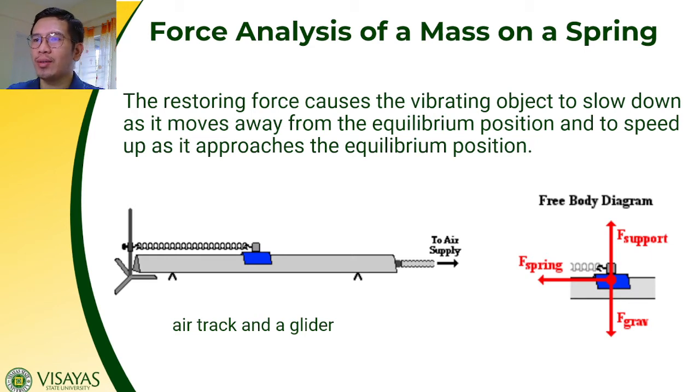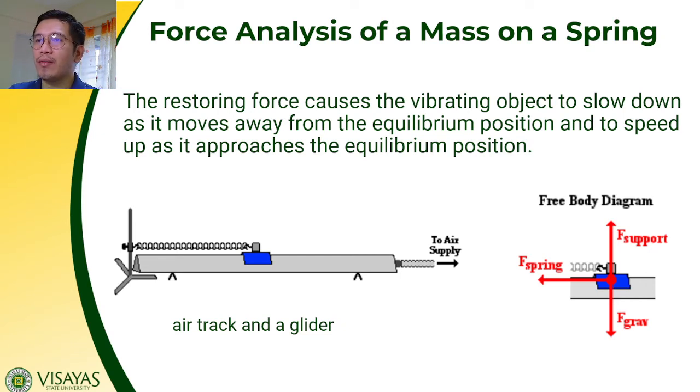So as such, there are three dominant forces acting upon the glider as shown in the free body diagram. So we have the force of gravity, which is a rather predictable force both in terms of its magnitude and its direction.